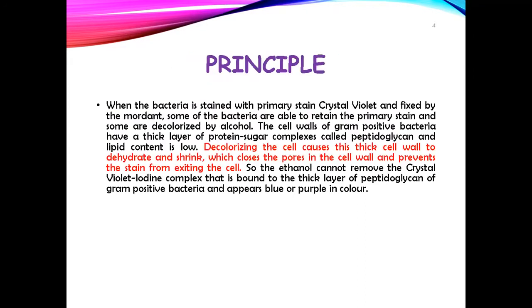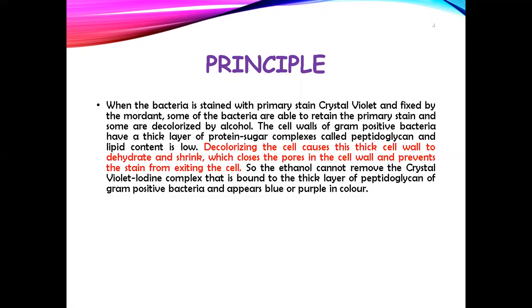The principle of this staining technique is that it differentiates the bacteria based on the cell wall of bacteria. The cell wall of gram positive bacteria contains a thick layer of peptidoglycan and the lipid content is less.